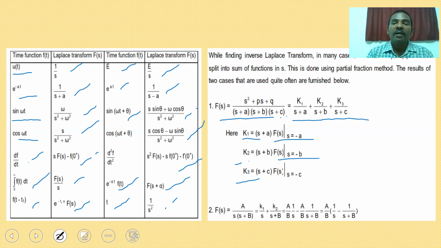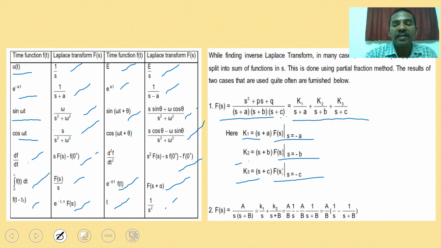Similarly for k3, (s + c) into F(s), and substitute s equal to −c. You can get the values of k1, k2, k3. Once you get those values, you have to substitute. After that, you have to go for the calculation of the inverse Laplace transform. You can get the equations in terms of the time domain.